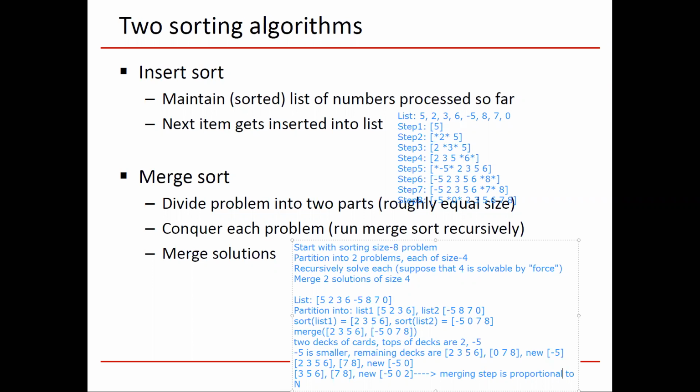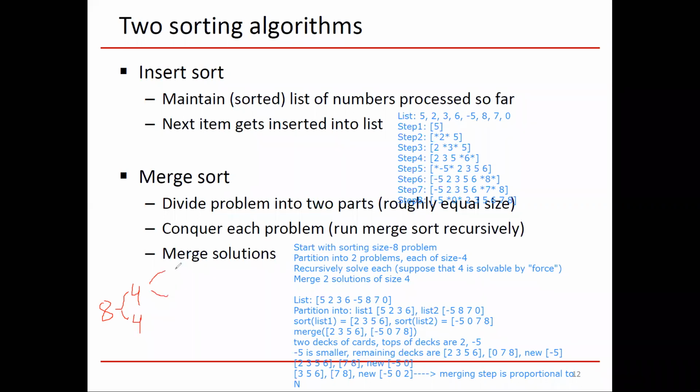Now you could tell me at this stage, hey, what about sorting the problems of size 4? So now let's sketch this. I'm beginning with a problem of size 8. I partition it into 2 problems of size 4. Suppose that they're hard to solve. So I partition each of them into 2 problems of size 2.